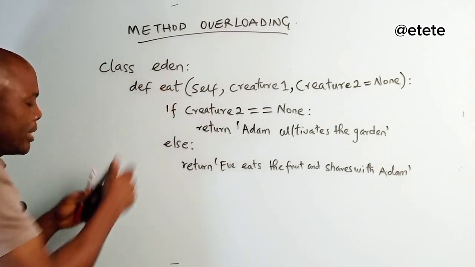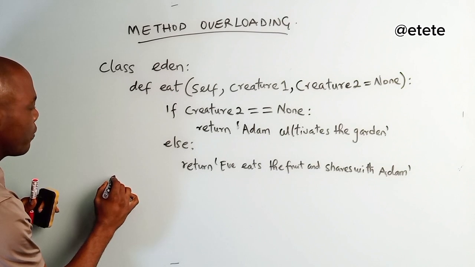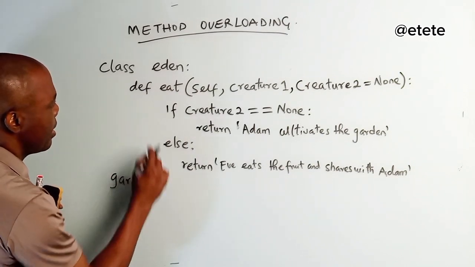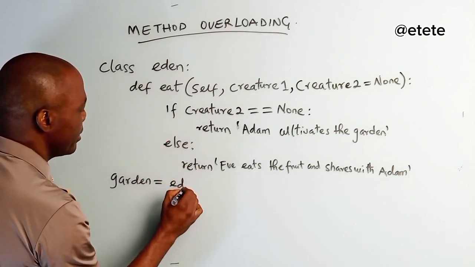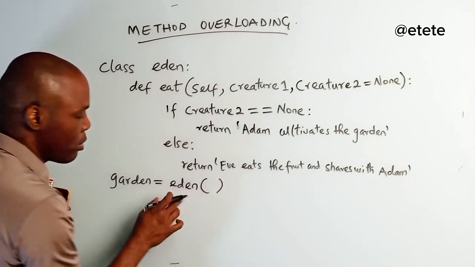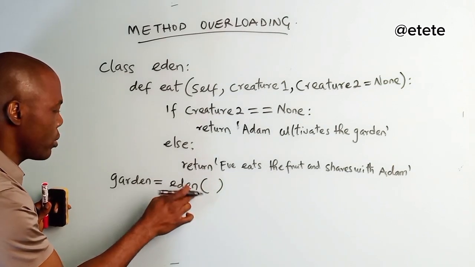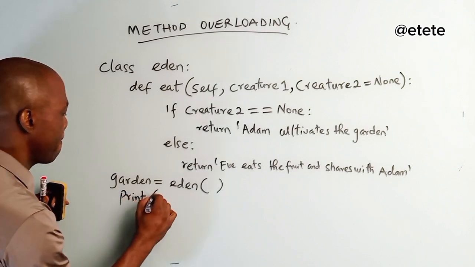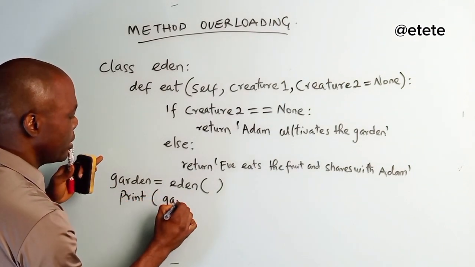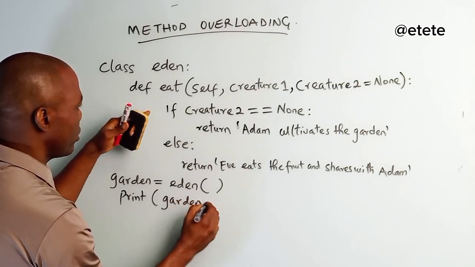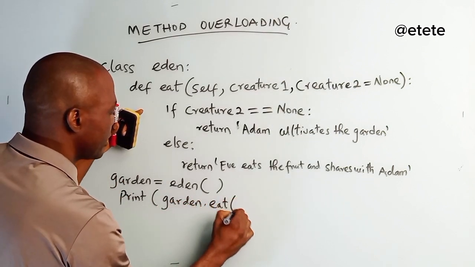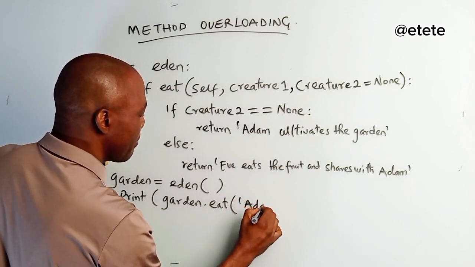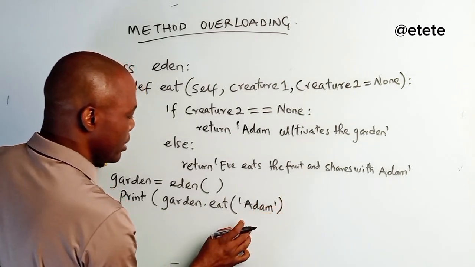Now let's instantiate this class, just like we did before. So I'll say garden, and then I'll say Eden. I'm calling the default constructor. Then I will now come here and say print. I'll use the object to access the method dot eat, right? Now in this one, I am going to supply Adam, right, to eat.